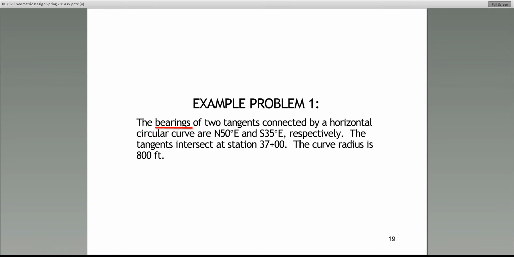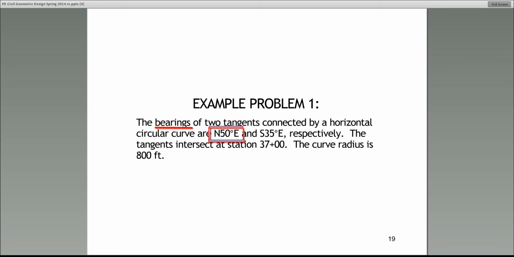All right. Now, what does that mean? Does everybody remember the bearing of a line? Here we're talking about a line, a tangent line that has a bearing of north 50 degrees east.